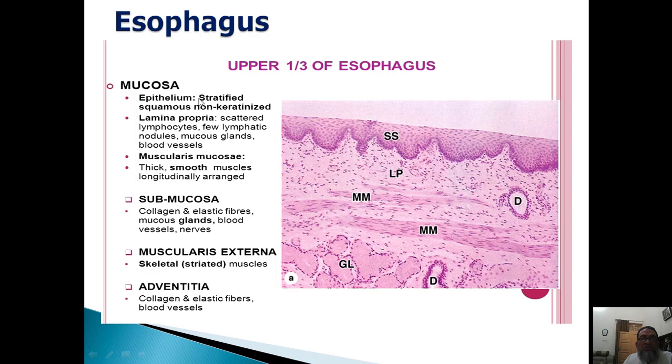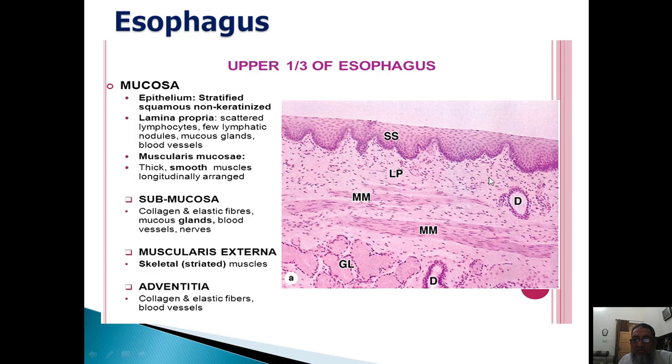Now the epithelium is stratified squamous, non-keratinized. Look at the picture. You know the mucosa consists of the surface epithelium, lamina propria, and muscularis mucosae. These three structures constitute the mucosa. The mucosa in the upper esophagus has stratified squamous, non-keratinized epithelium.